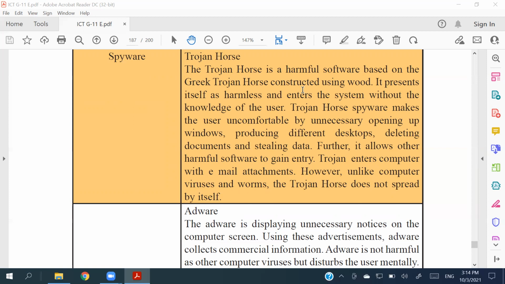Then the Roman army, as I remember, came up with a master plan. Once Troy was surrounded by the Romans, they sent them a giant wooden horse, two or three stories high, as a gift of peace, right?